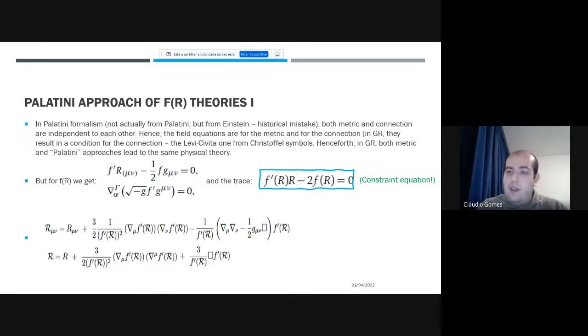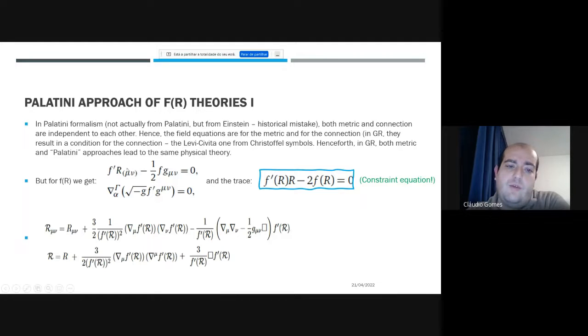So in general relativity, both metric and Palatini approaches, or formalisms, as we want to express, lead to the same physical theory. So it's the same theory, it's Einstein's theory. However, in other gravity theories, this is no longer the case. And let's look into f(R) theories, as they are the simplest generalization of general relativity.